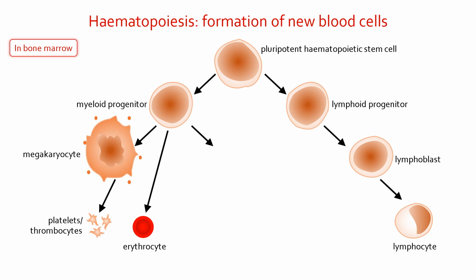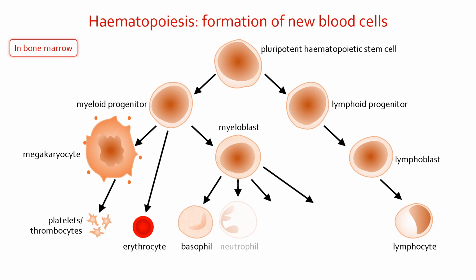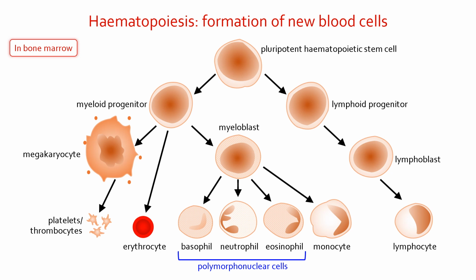The third cell type derived from the myeloid progenitor is a myeloblast, which can further differentiate into a basophil, a neutrophil, an eosinophil, or a monocyte. The first three of these are together known as polymorphonuclear cells, due to them containing granules and having multi-lobed nuclei.